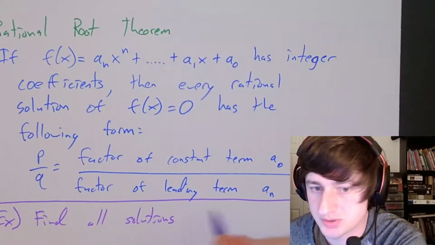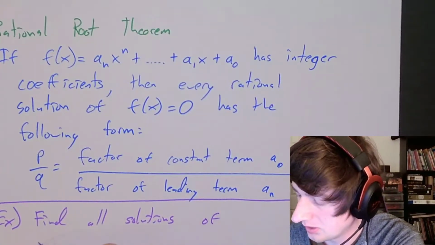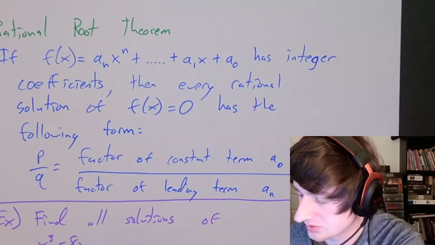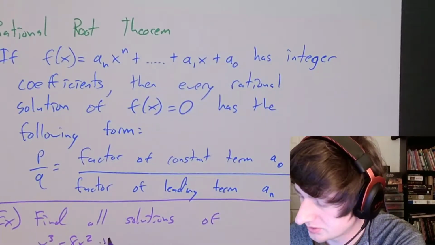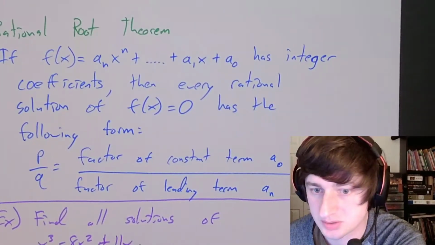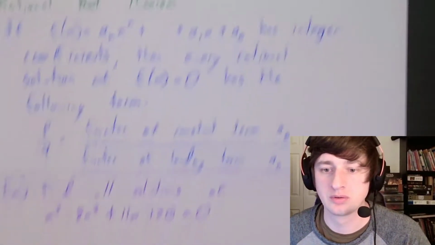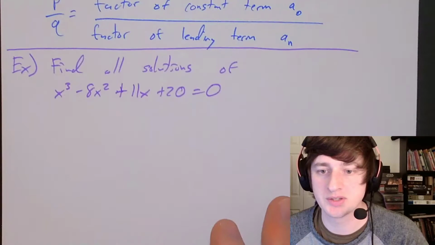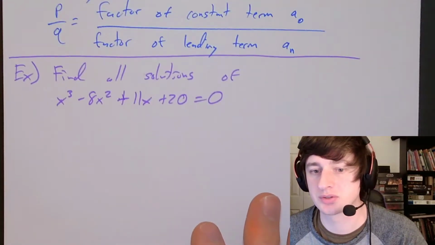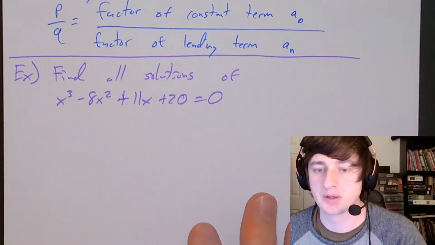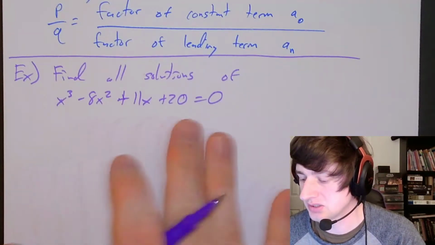Find all solutions of x cubed minus 8x squared plus 11x plus 20 equals 0. Now, this is not easily factorable.